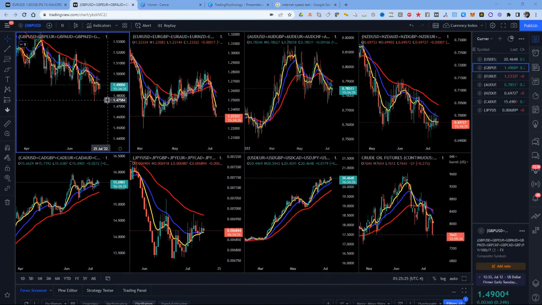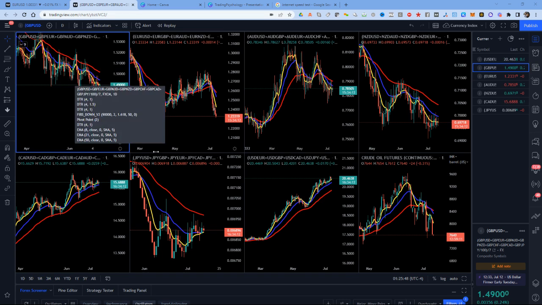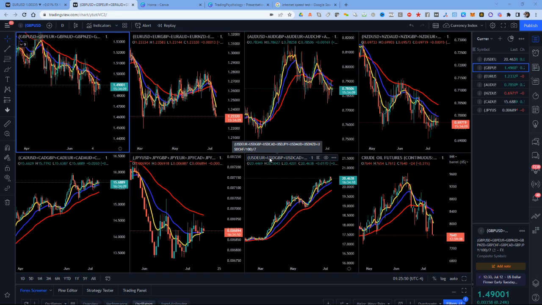So this is what I would do. I have put together the currency indexes onto a chart. On this chart you can see the sterling index, the euro index, the Aussie index, the Kiwi index, the Canadian index, the Japanese index, the US index, and this is just the crude oil futures price.